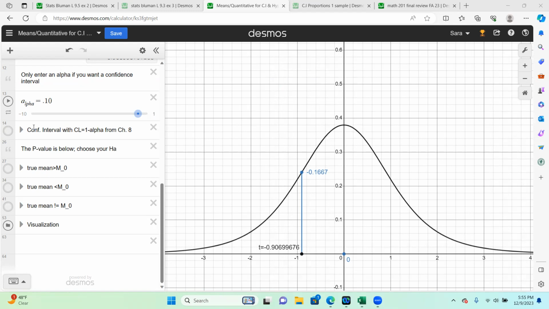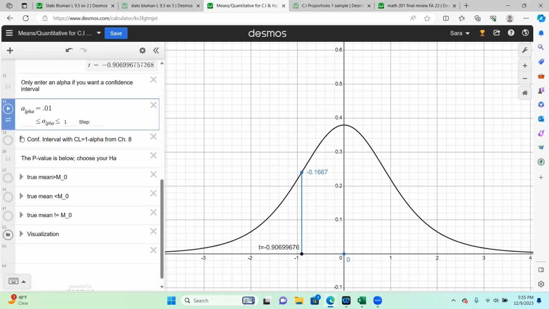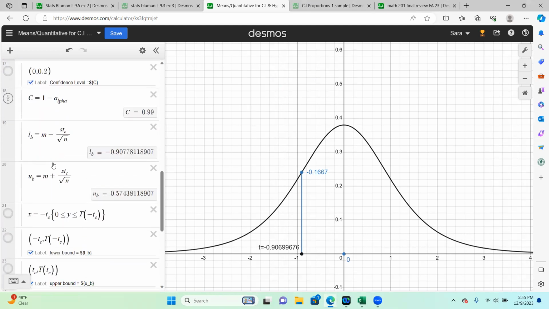So alpha divided by 2 is 0.01. So we need to change the alpha because that does make a difference for the confidence interval in Desmos here. And so we click on that drop down. And so we're 98% confident that the true difference is between a negative 0.908 and 0.574.